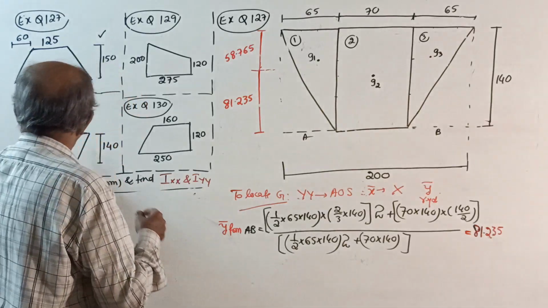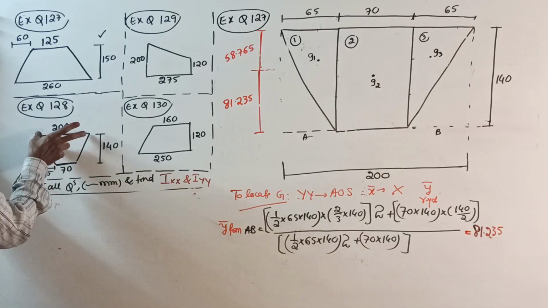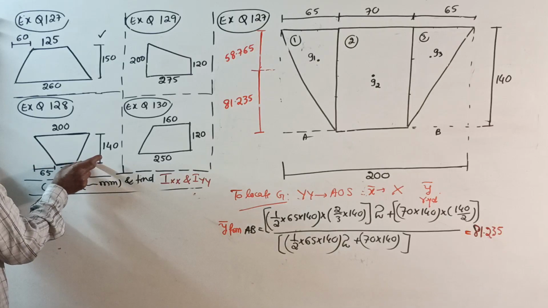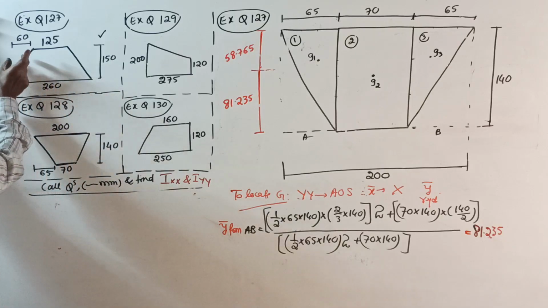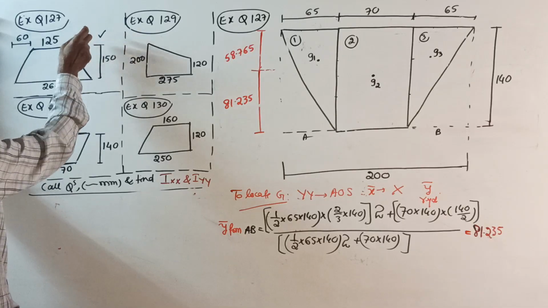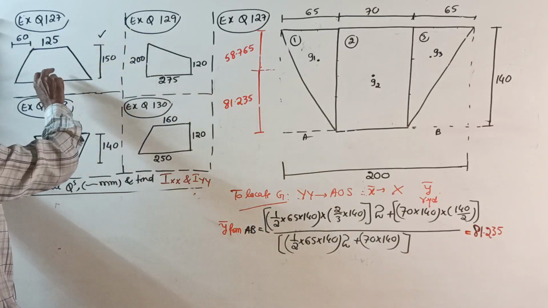Okay, first make a note here. See, 270. This is 200, this is 70. So these two offsets, in the first question this offset was 60, this offset I think was 75, I forgot. They are not the same, so no symmetry.